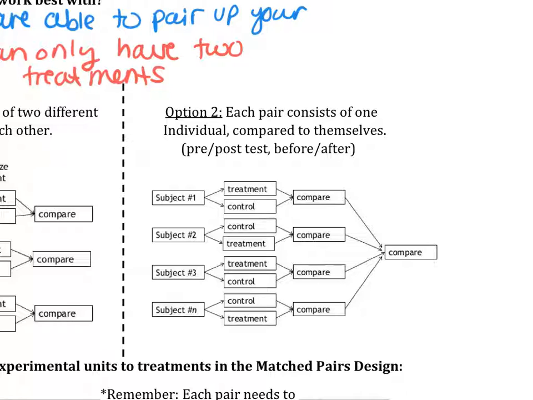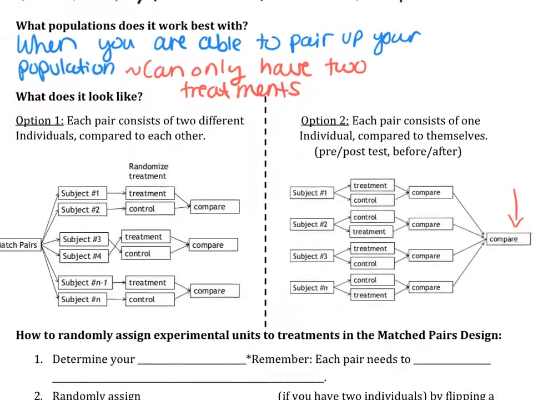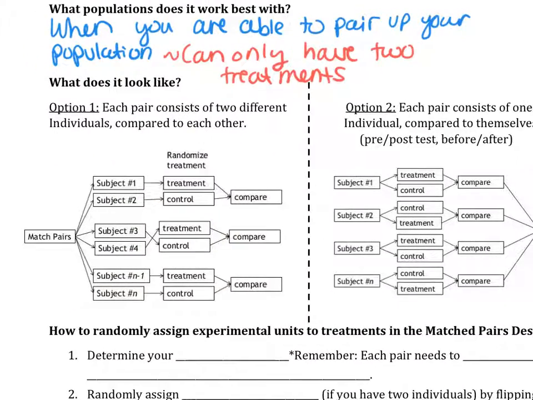And when you're doing that option, then you can do one comparison at the very end where you look at all of the results. It doesn't make sense to do that big comparison at the end with the one with two individuals, because the reason we're pairing them up is because we think that these two have some different factors than these two, which could affect the results.